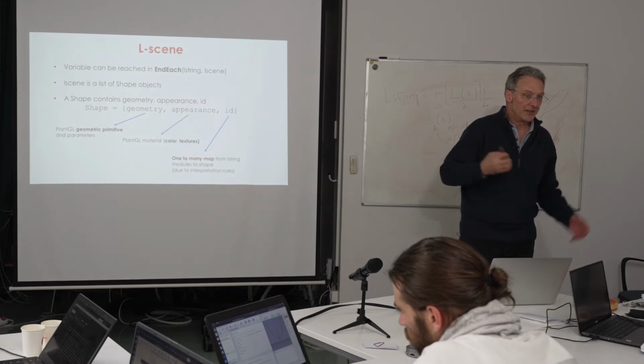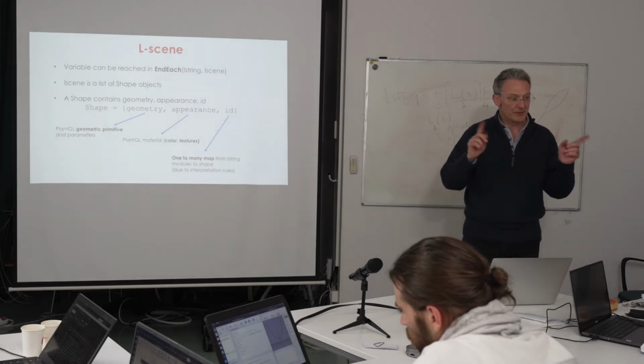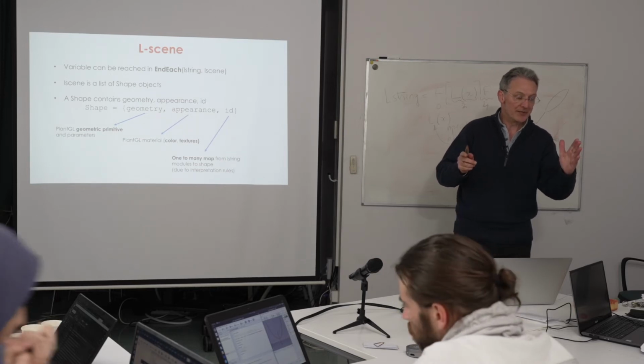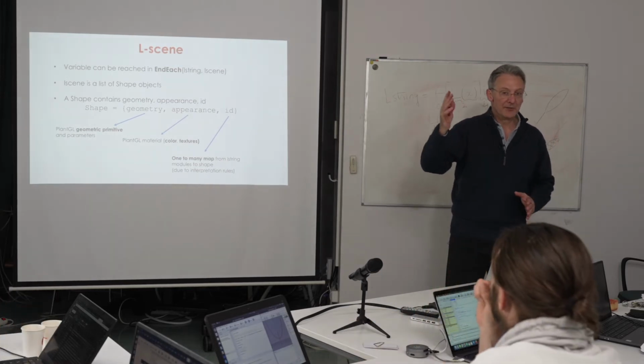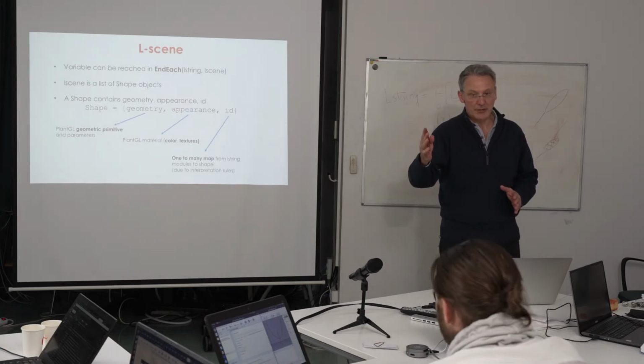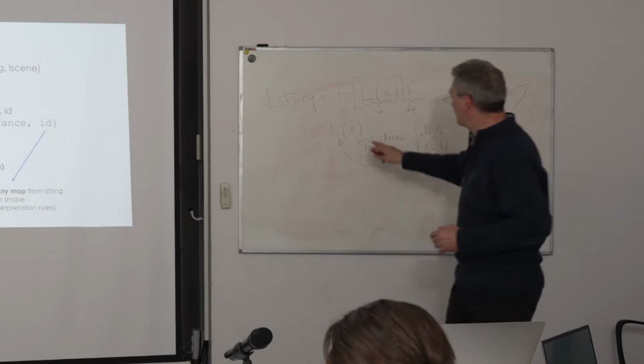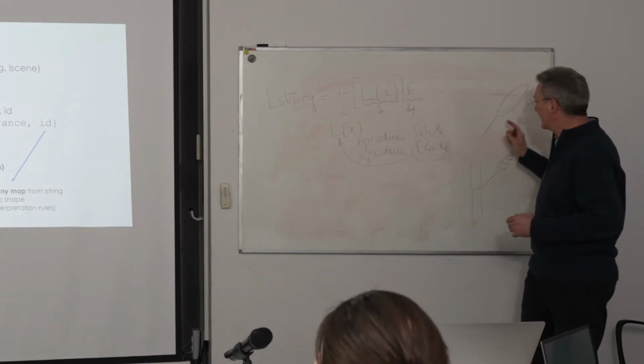Okay? And in this way, you have a two-way correspondence between the deep structure of the system, the model, and the surface structure, that is the geometry of the system. I can go forward, so going forward is applying these rules. And I can go backward.